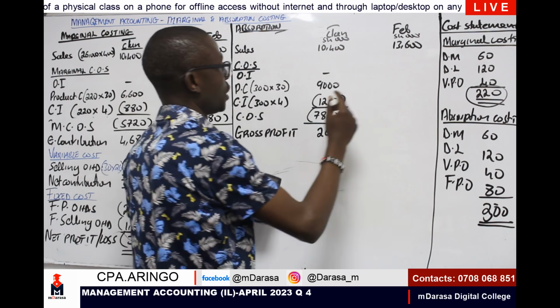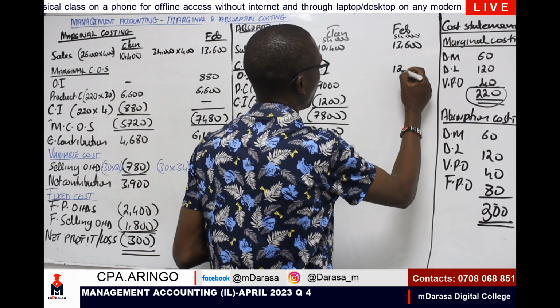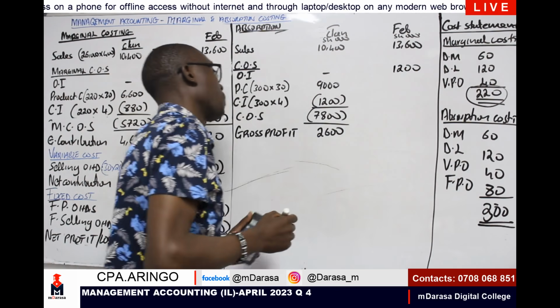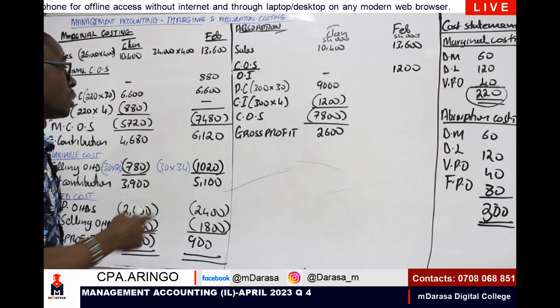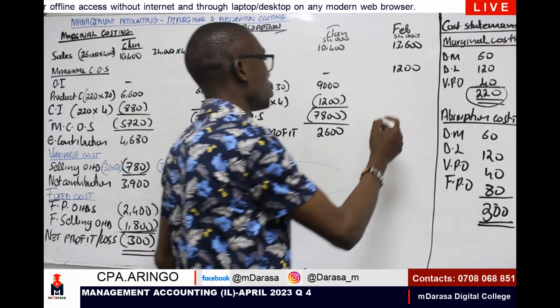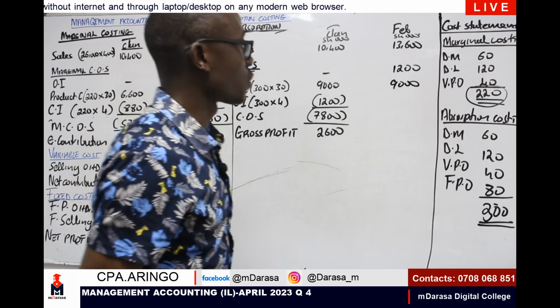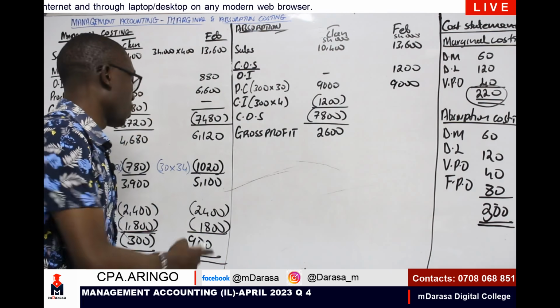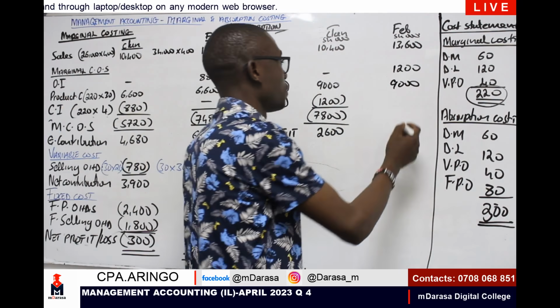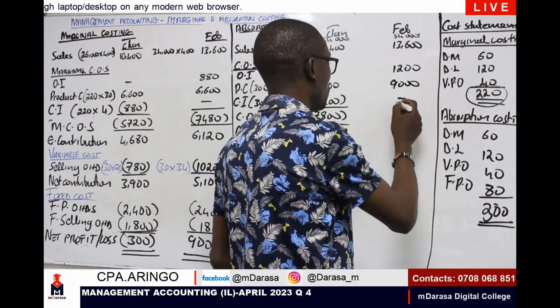Closing inventory in the month of Jan will be our opening inventory in the month of Feb. Our production cost will not change, it will just be 9 million. But suppose we had different figures of production, that would have changed. We realize that you didn't have any closing inventory in Feb, so that one will be dash.